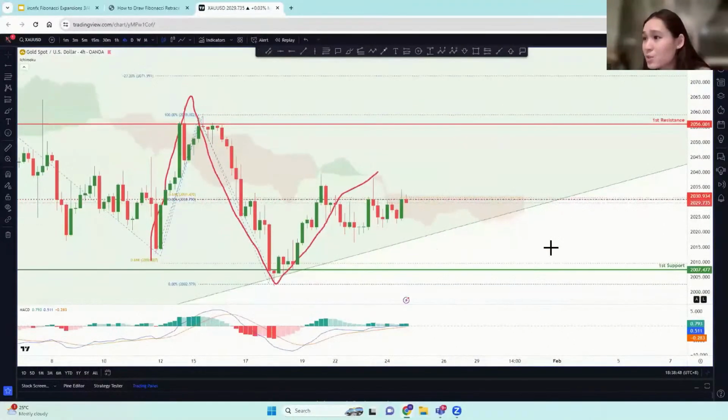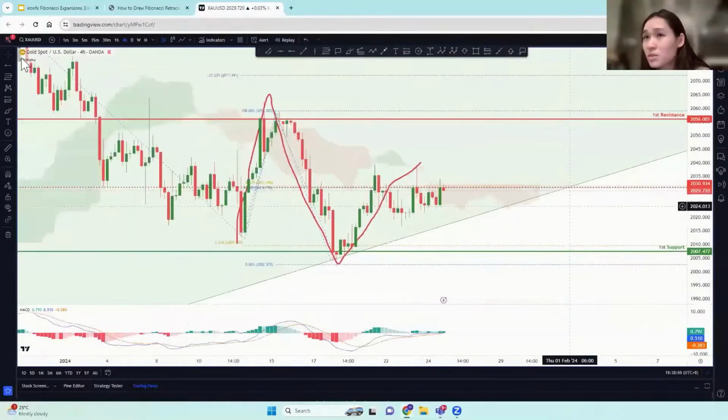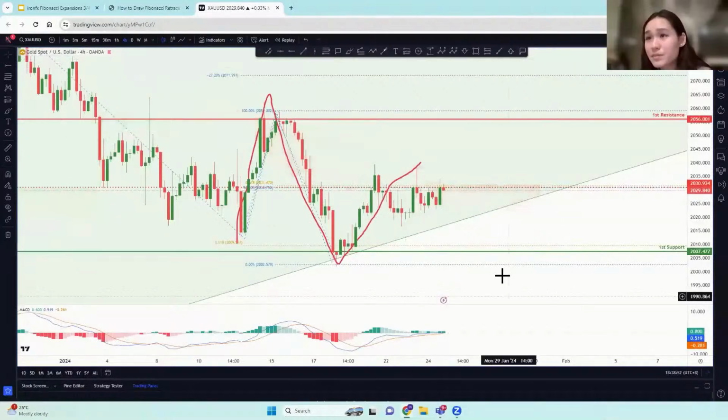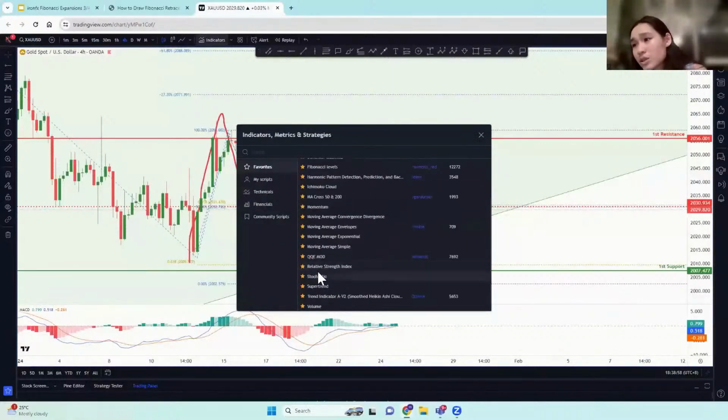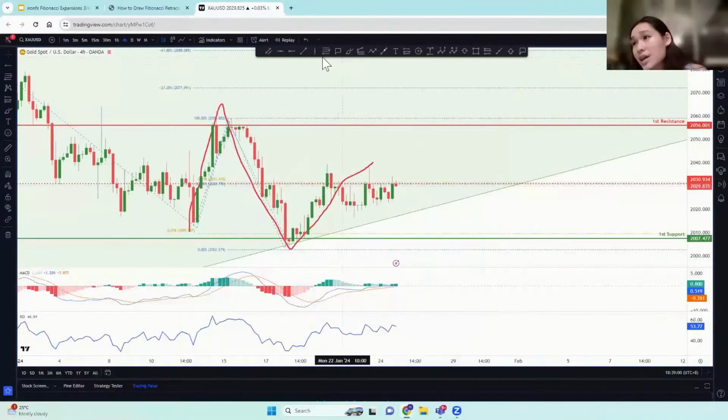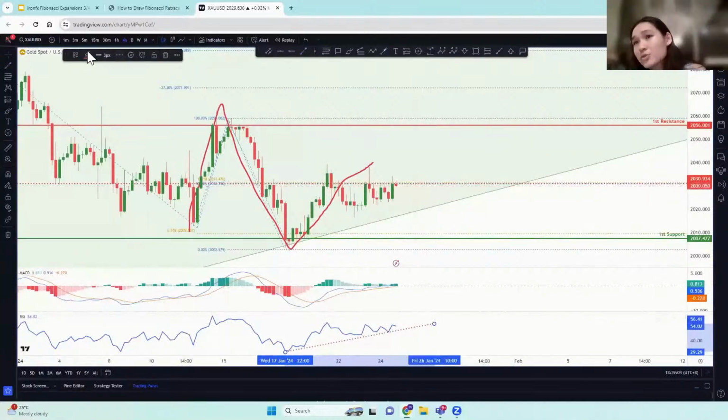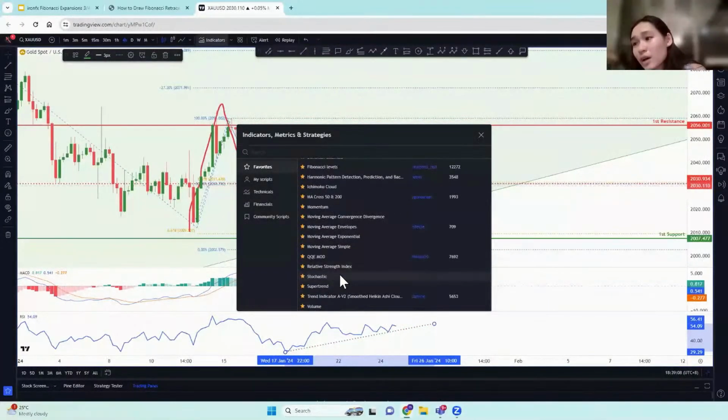But before that happens, we can't be too sure. So I'm going to remove that. For our MACD, you can see it's giving us a bullish signal. So that's good. And if we look at RSI, price is also moving in an uptrend. So that supports our analysis as well.